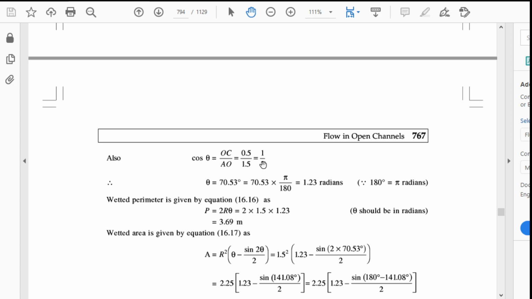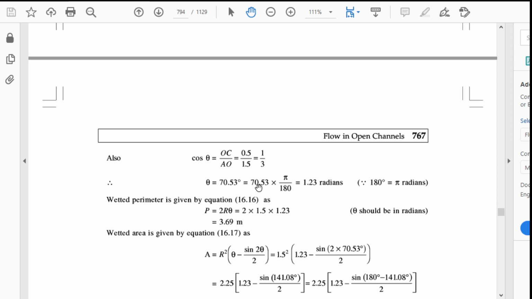Okay, so taking the inverse, you will get the value of theta as 70.53 degrees. Now convert it also into radians.